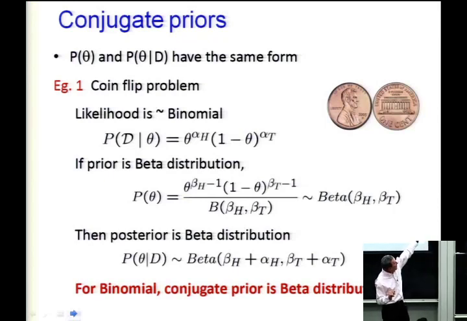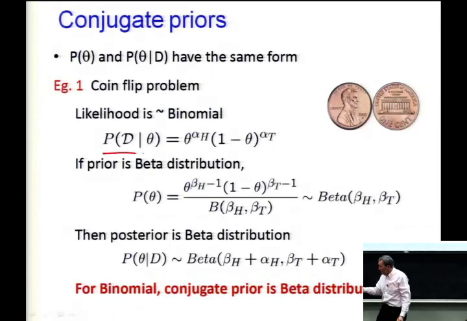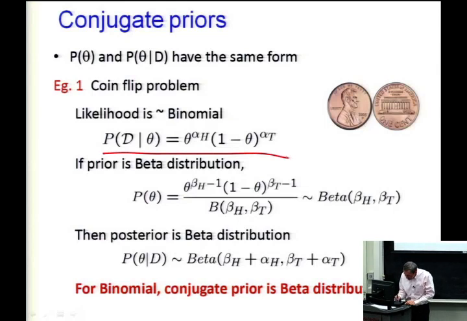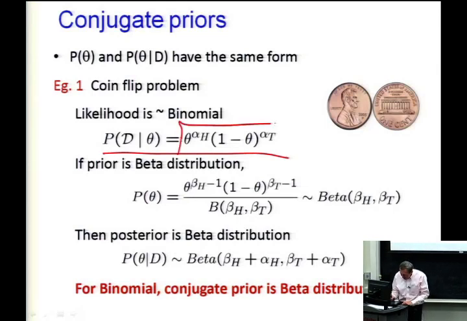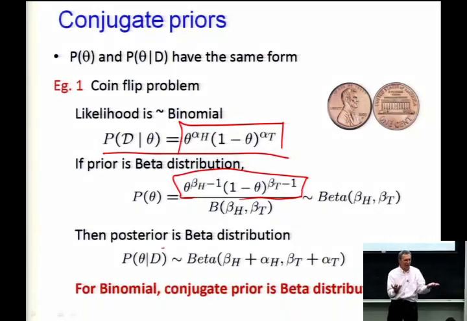In the coin flip problem, our data likelihood, the probability of the data given theta, is just this expression. And our beta distribution, notice, had a very similar form. So when we multiplied those together, we could just sum their exponents.